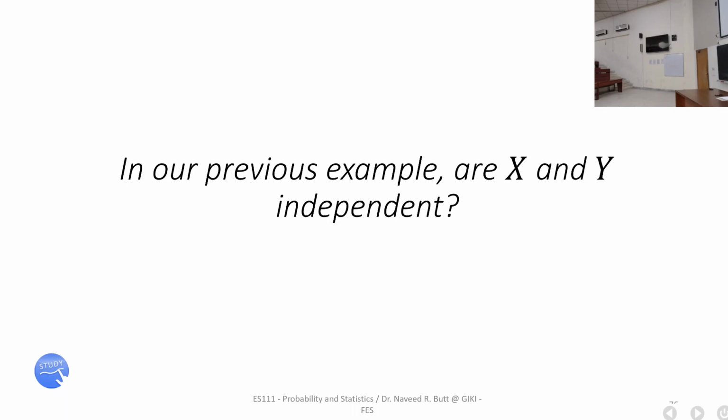So first, logically think about it. If you know what's written on the first ball, does that change the probability of what's written on the second ball? It does, because if I say the first ball has a 1 written on it, all of a sudden the second ball can't have 1 written on it. Before I told you that, the second ball could have 1 written on it, you didn't know.